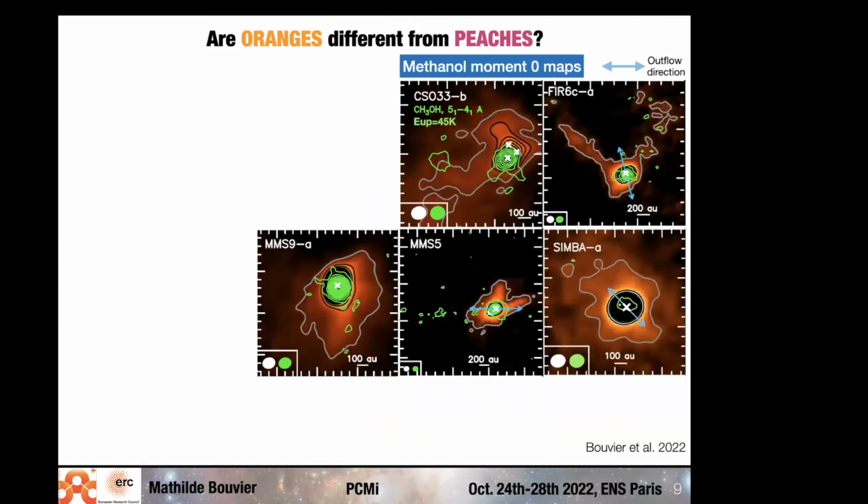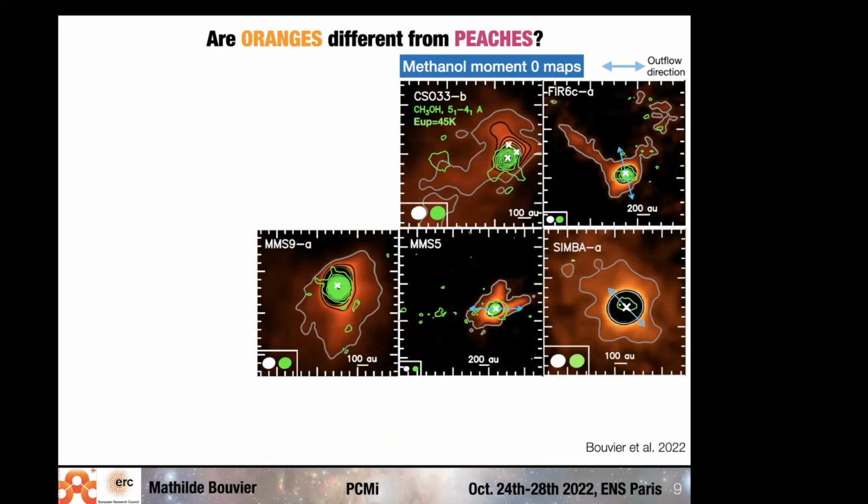We detected methanol in 5 out of the 19 sources. I show here in red shaded colors, gray and black contours, the continuum emission of the sources from 1 millimeter ALMA observations, on which is overlaid in green the moment zero of one of the methanol transitions, the one at 45 Kelvin.